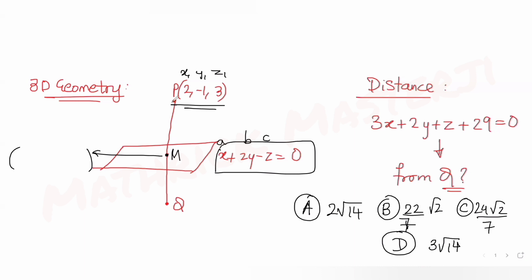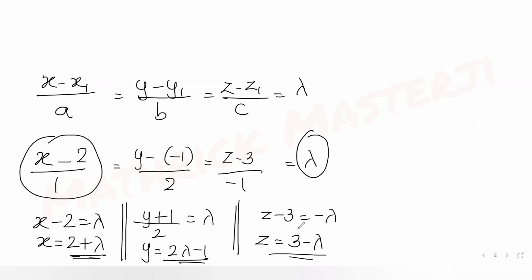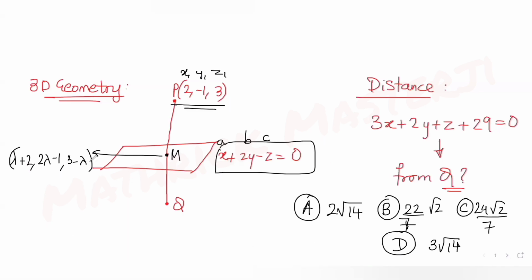Any point on this line has coordinates (lambda + 2, 2 lambda - 1, 3 - lambda). Putting these x, y and z coordinates into the plane equation: x + 2y - z = 0 gives (lambda + 2) + 2(2 lambda - 1) - (3 - lambda) = 0.